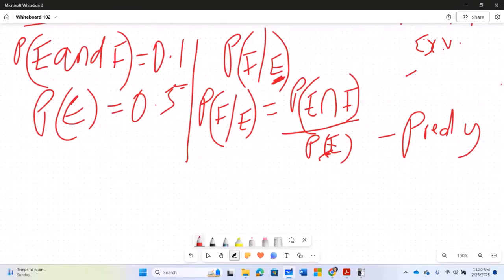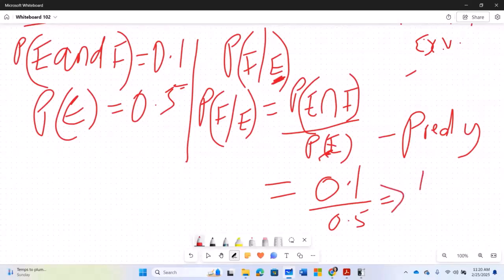Okay, so now let's plug in what we have. It's conditional. The probability of both of them happening is 0.1. The probability of the one that happened first, which is E, is 0.5. Therefore, the probability of F, given that E happened first, is 1/5.